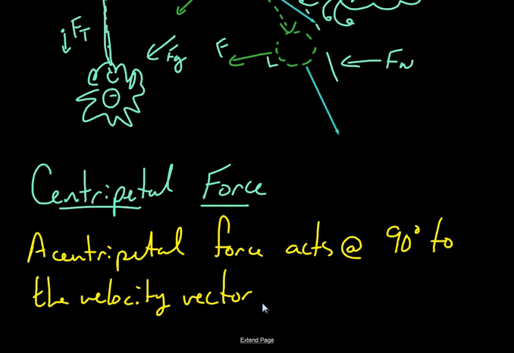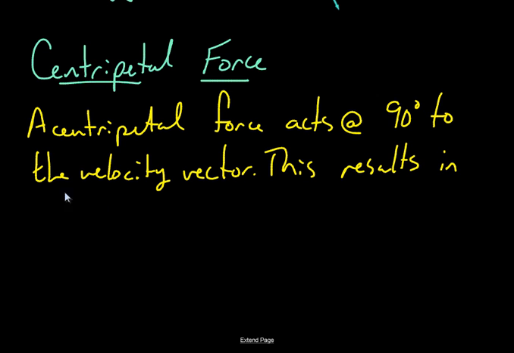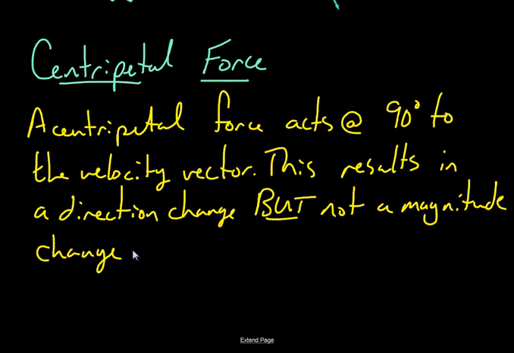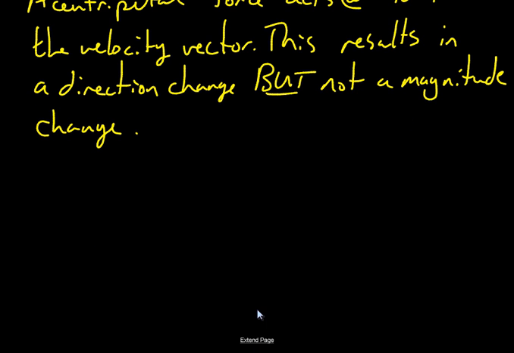This results in a direction change, but not a magnitude change. We're used to dealing with mainly magnitude changes, although I guess when something goes from positive to negative, that was a direction change.